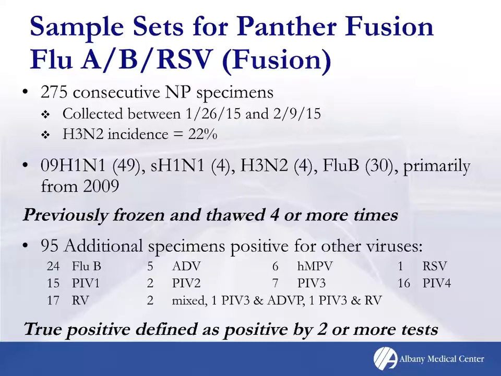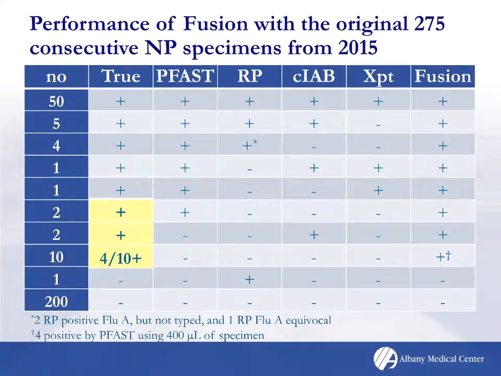We also, because our goal is to be looking at the other fusion assays, respiratory assays, pulled quite a few other samples positive for other viruses. But I'm just using the data of them being influenza negative to add to the samples. And what we saw is the fusion was able to meet the challenge for these highly compromised specimens.